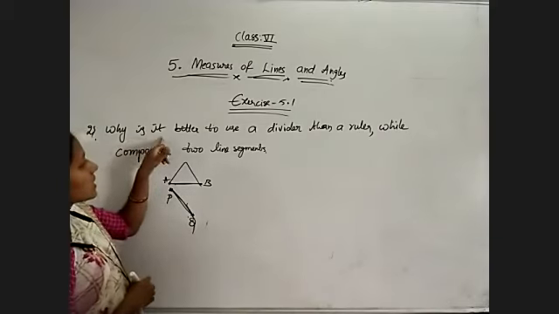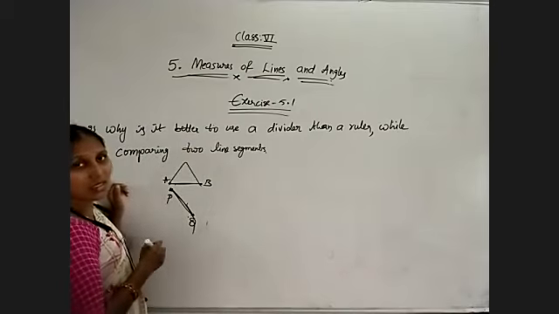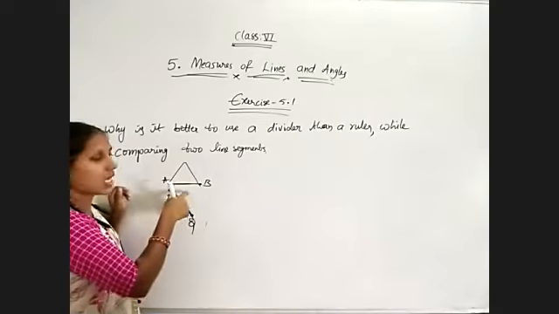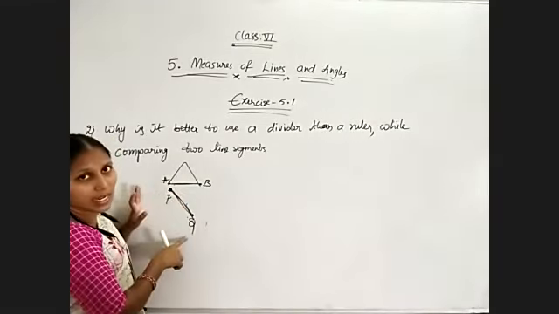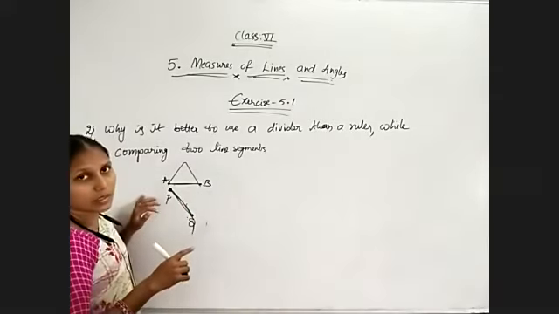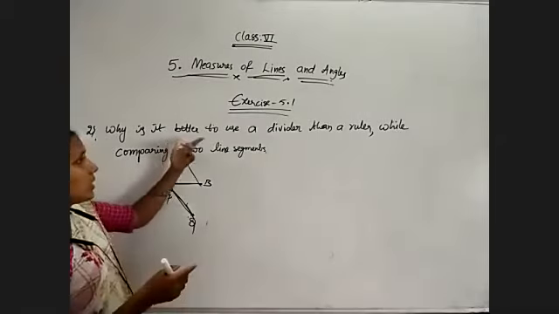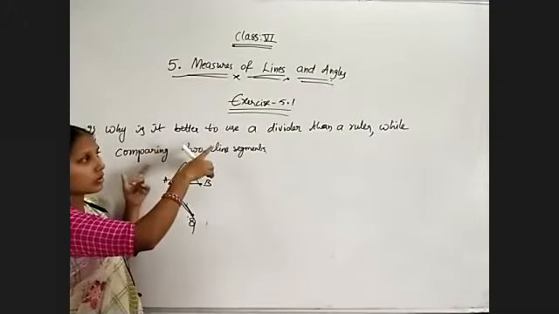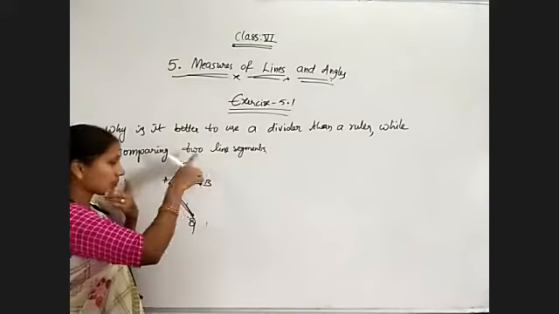Why is it better to use a divider? Because by using the scale we need to find out the length of each of the line segments. It will take time. So to reduce the time, divider is better than a ruler for comparing two line segments.